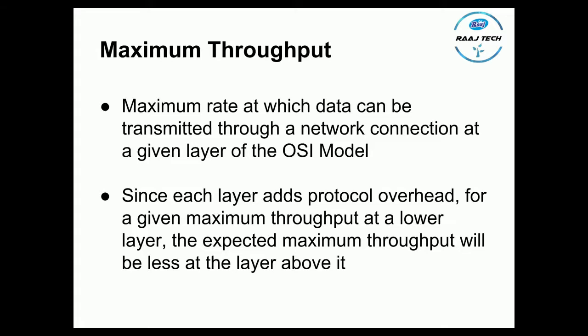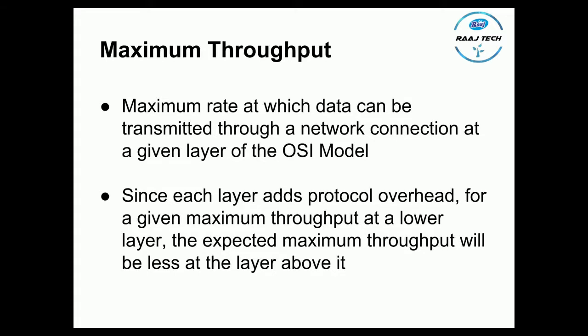Now the maximum throughput of a networking system is the maximum rate at which data can be transmitted through a network connection at whichever layer of the OSI model that we're measuring. So if we're measuring the physical layer, the maximum throughput is the maximum rate at which we can send data through a network connection using that particular physical medium.